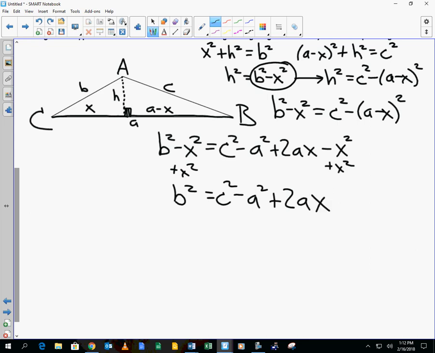Our goal is to get rid of the h's. Our goal is to get rid of the x's. We got rid of the x squareds. But we've got a stinking x left over, don't we? We tried, didn't we? It was a good run. Good work. It's over. Give up, right?